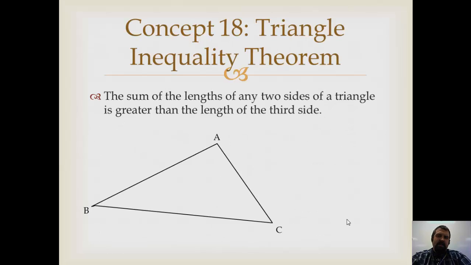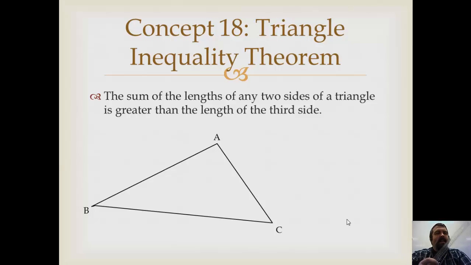This next concept is called the triangle inequality theorem. What it says is the sum of the lengths of any two sides of a triangle is greater than the third side. Well, that sort of makes sense. What if I used a whole bunch of different rulers up here and tried to make a triangle?